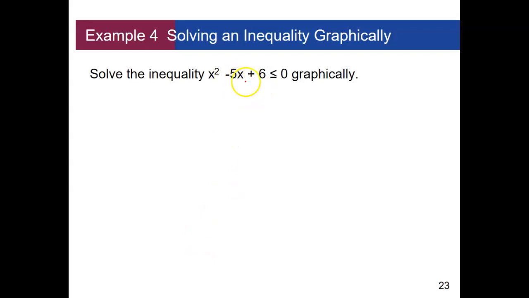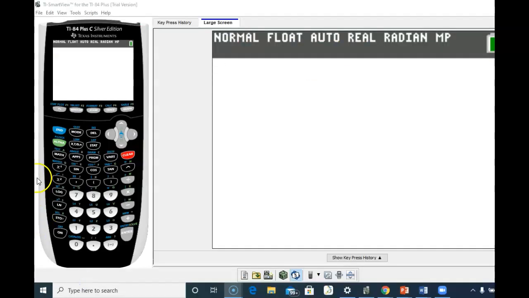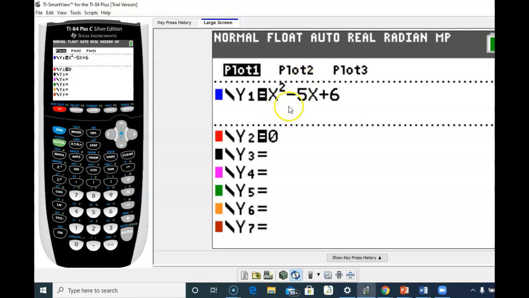Okay, here's one that we want to look at graphically as well. So here we're looking to see where the parabola is less than or equal to 0. And I'm going to switch over to the calculator to take a look at this. Okay, so for this one, if I go and I put in my equation here, because it's compared to 0, I'm going to go ahead and put 0 just so we have a reference point there.